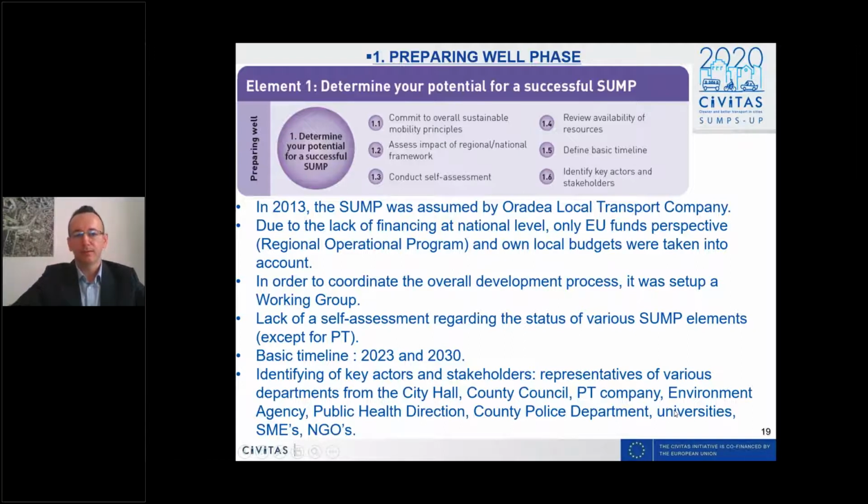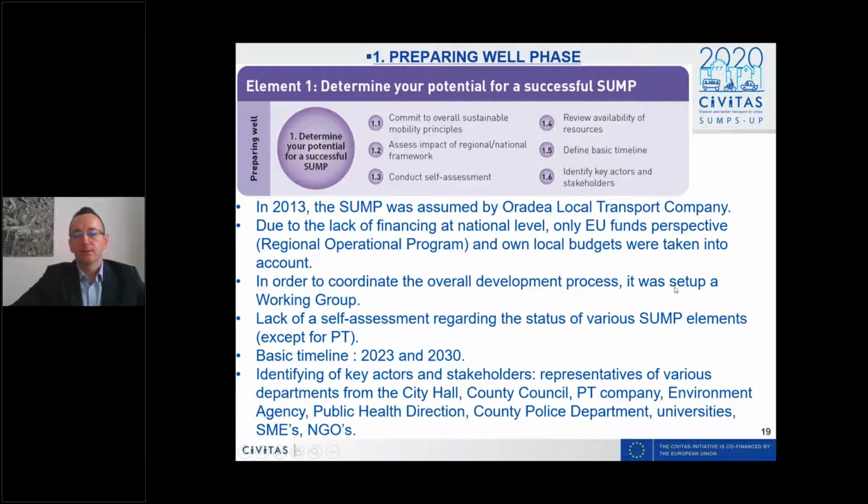The SUMP process was split into two parts. At the beginning, the SUMP was assumed by Oradea Local Transport Company through an EU-funded project. Due to the lack of financing at national level, only the EU funds perspective and local budgets were taken into account. This means the regional operational program.